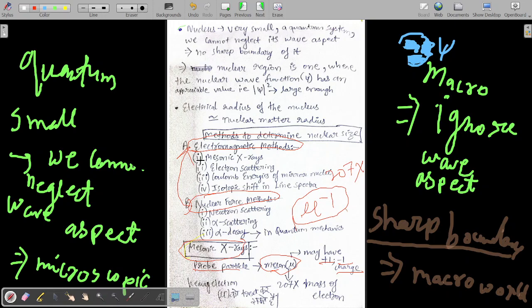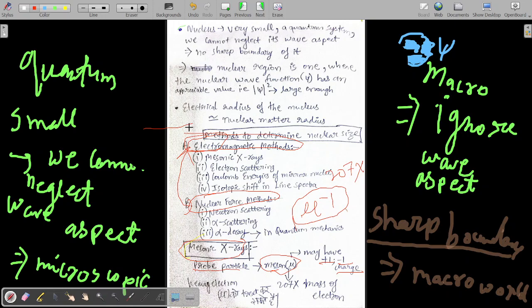See, an electromagnetic method means the magnetic force will already be there, on account of the moving charge. Electro means it is a charged body, and magnetic means that as the charged particle moves, it creates a magnetic field.